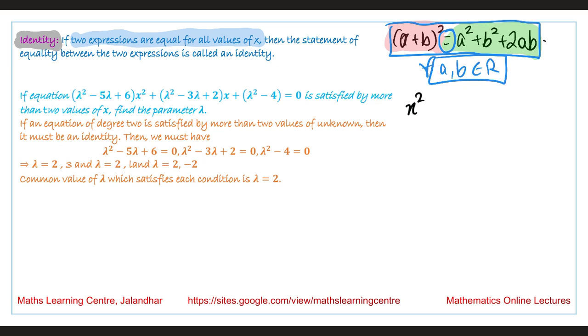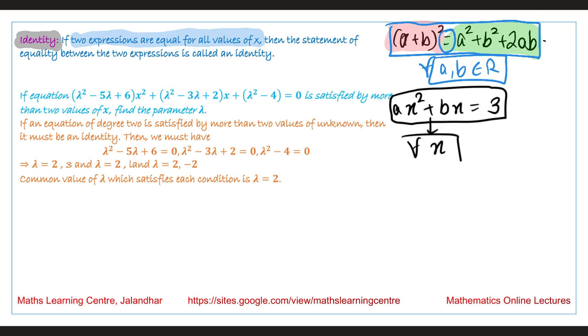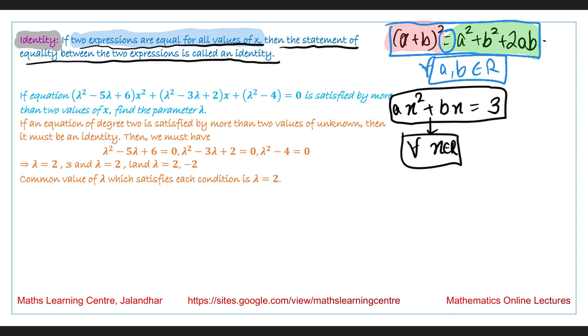If we write that ax square plus bx is equal to, say, 3, and we say this is an identity, it means that this thing holds for all values of x, say x belongs to R. Then the statement of equality between the two expressions is called an identity.